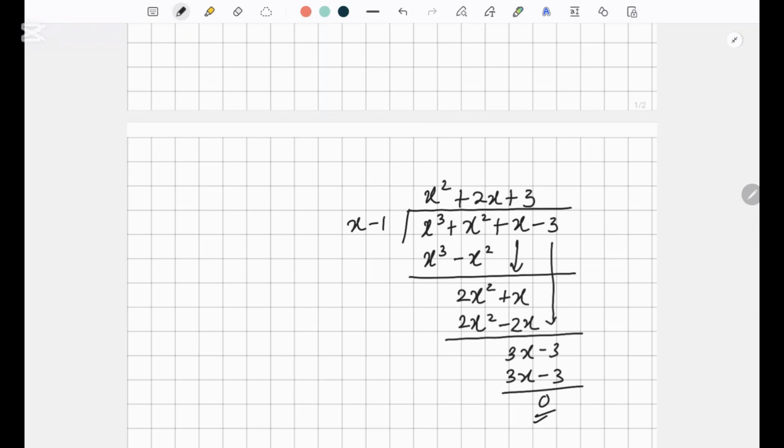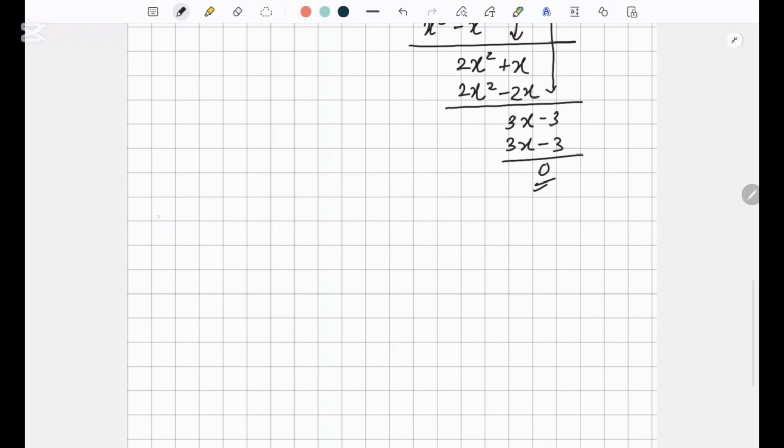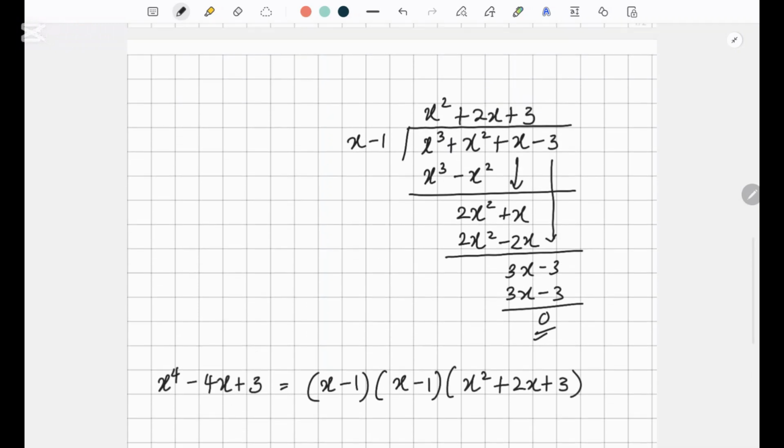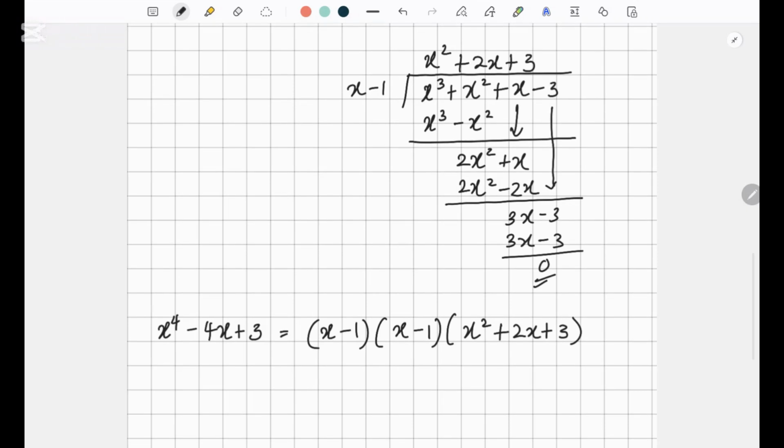Your remainder is 0. So therefore you can write x to the power 4 minus 4x plus 3 equals x minus 1 into x minus 1 into x squared plus 2x plus 3. Now you can see we broke it down, right?